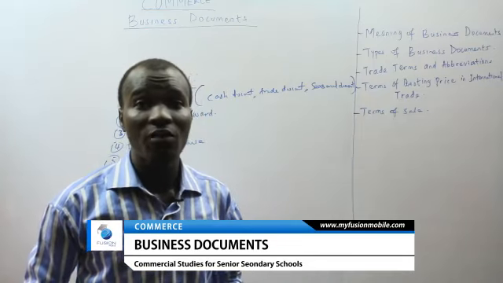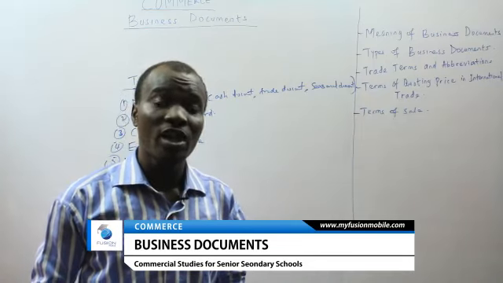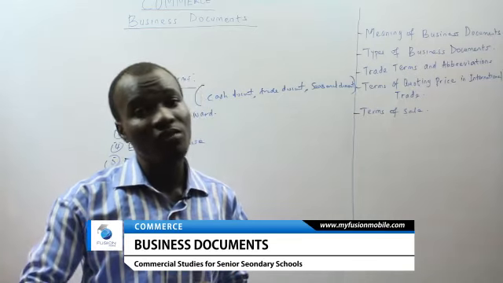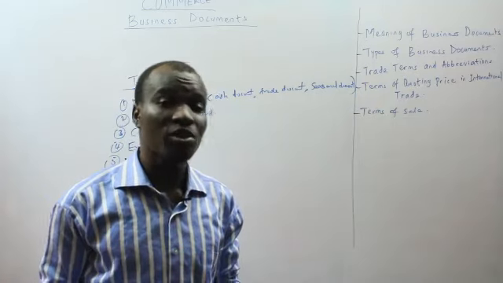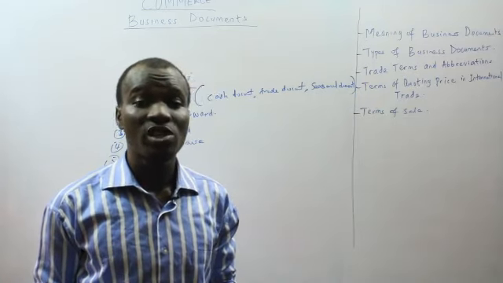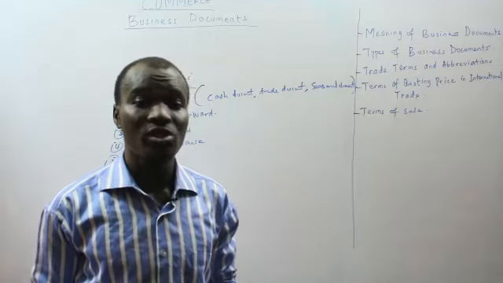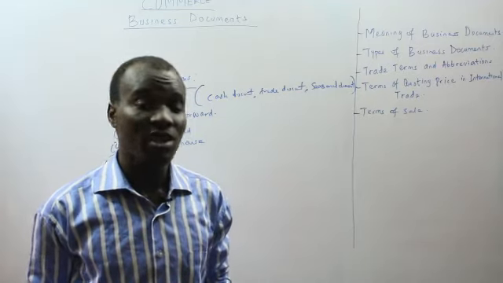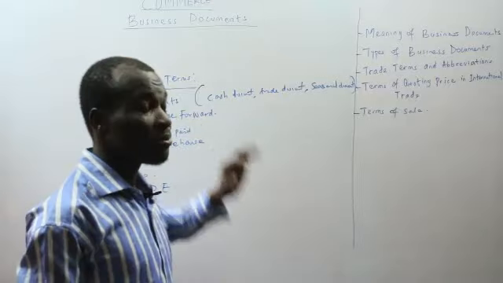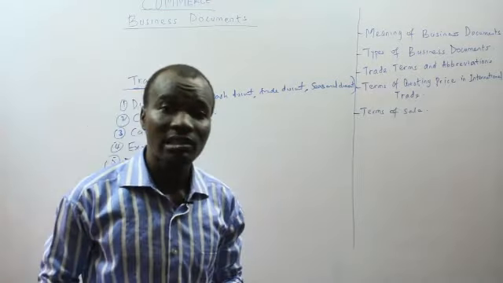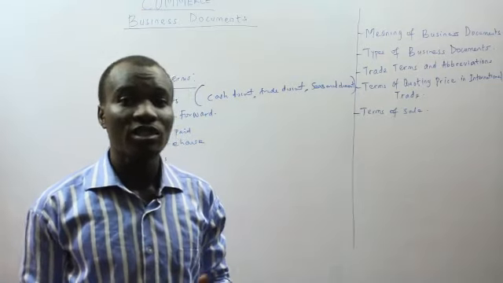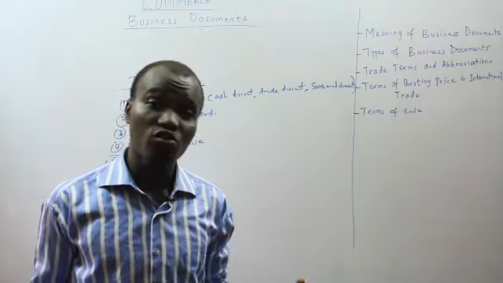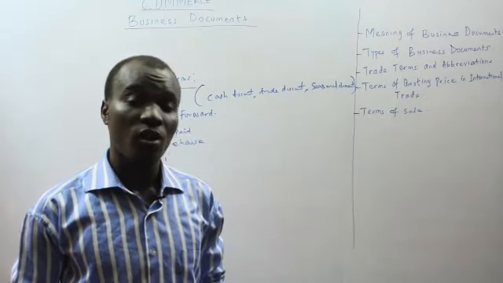The firm grants a reduction in the amount of the debt, to ensure that prompt payment of the debt is made. So whenever the firm grants cash discounts to the debtors, the cash discount is to encourage prompt payment.